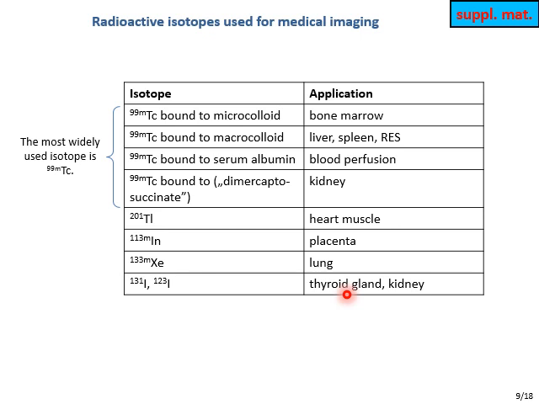And the other relatively important message of this figure is the importance of radioactive metastable technetium-99, which is the most widely used isotope because, as you can see here, it can be incorporated into a wide range of radiopharmaceuticals, which makes it a very versatile radioactive isotope for medical imaging purposes.